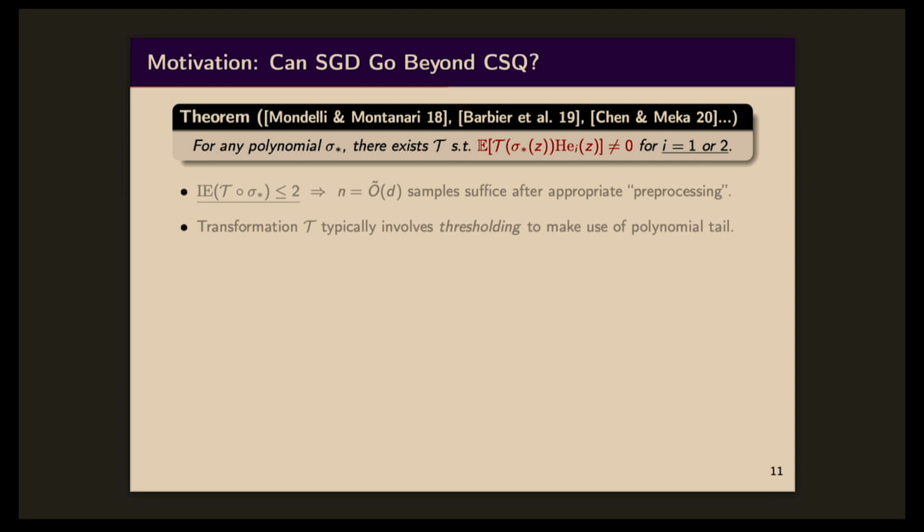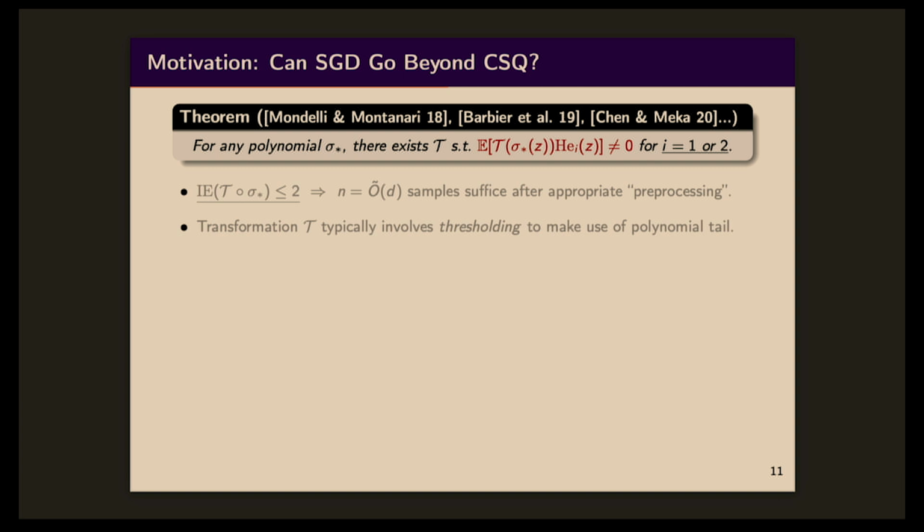Okay, but in the context of phase retrieval, it is well known that if you allow a nonlinear transformation T to apply to my link function, if you allow for any arbitrary nonlinear transformation, then I can lower the information exponent of sigma star to 1 or 2 for any polynomial link function.